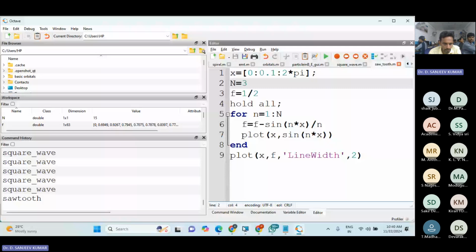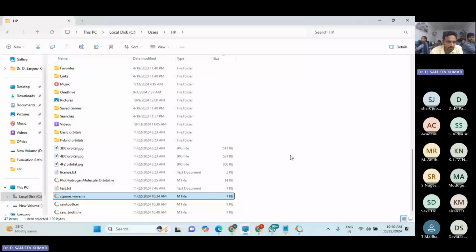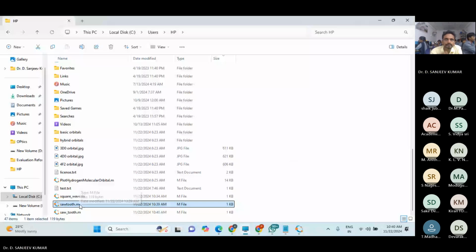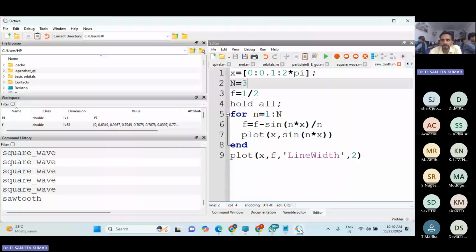You have to delete this file, sawtooth.m. So my file name is saw_tooth.m.